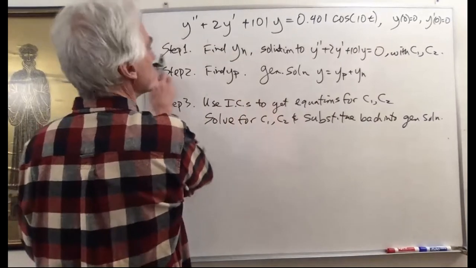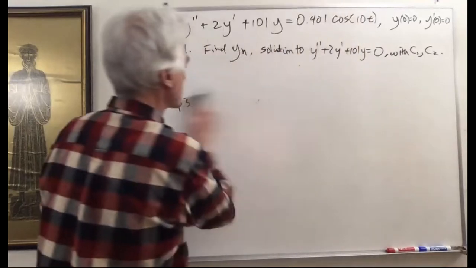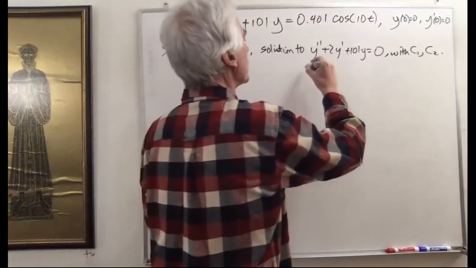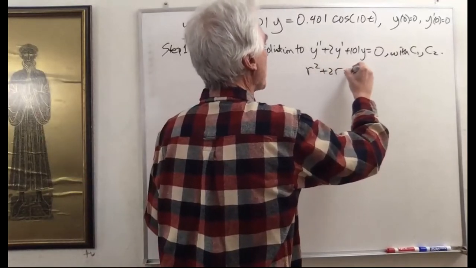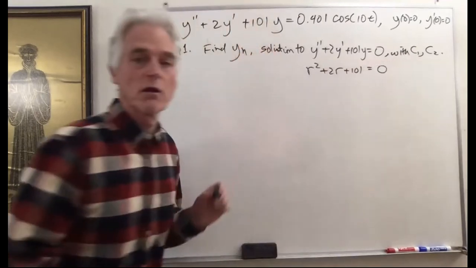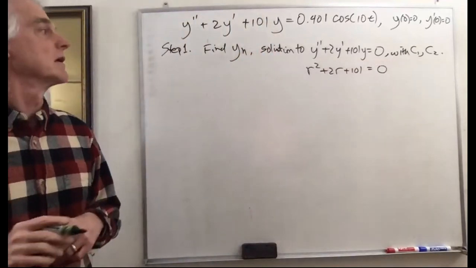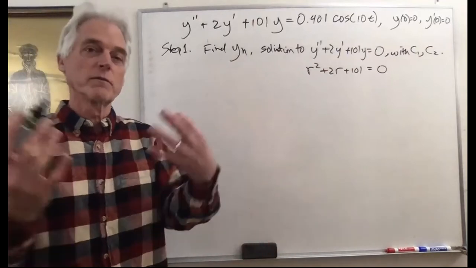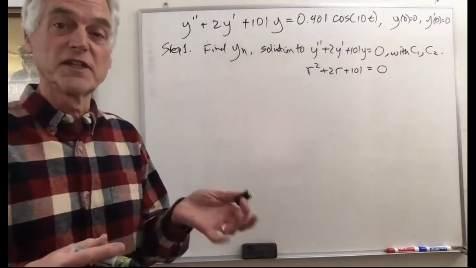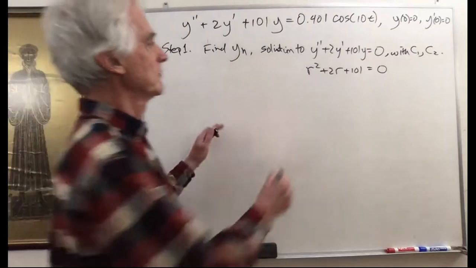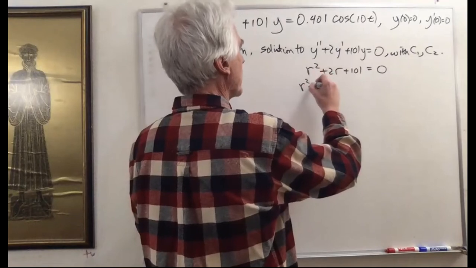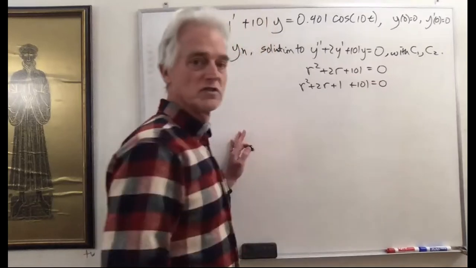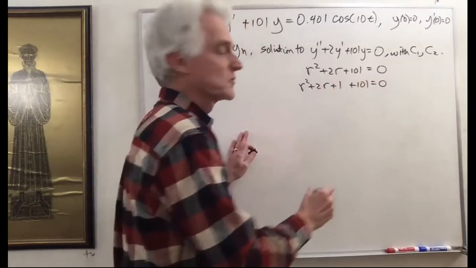Let's start with step 1. All right, there's the equation. R squared plus 2r plus 101 equals 0 is the characteristic equation, right? Now you can throw this into the quadratic formula, but remember, completing the square is often nice, and even with your numbers, it might be kind of nice. If I write this as r squared plus 2r plus 1 plus 100 equals 0, that's a perfect square.